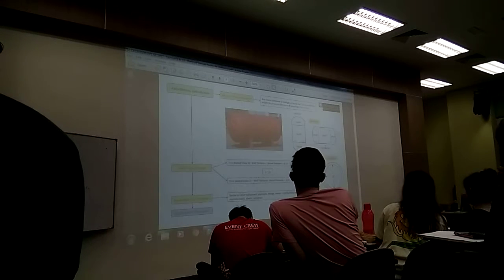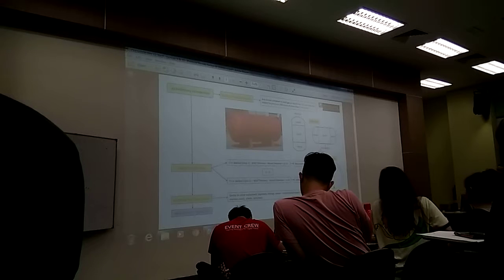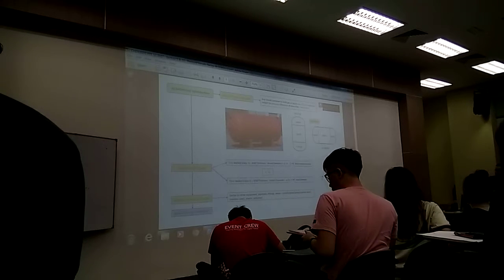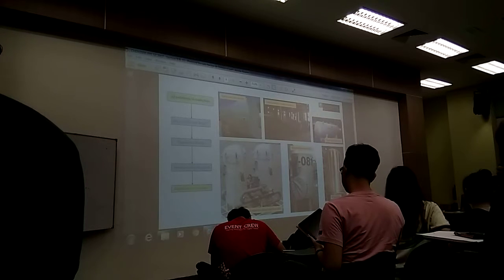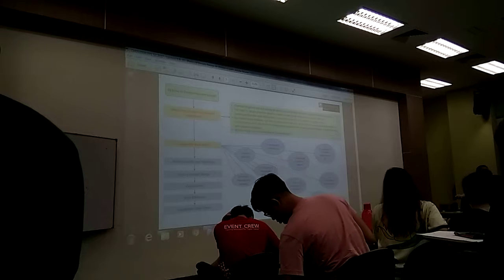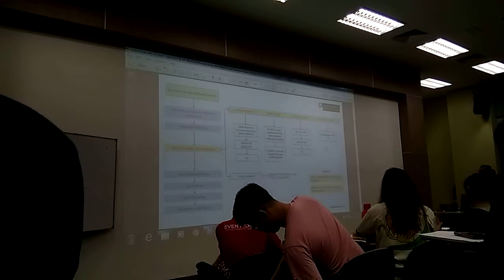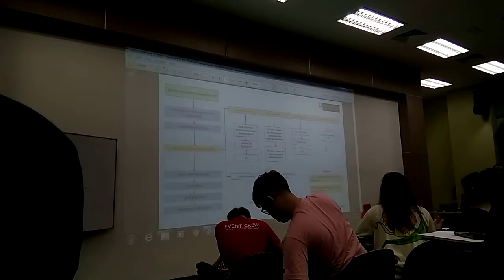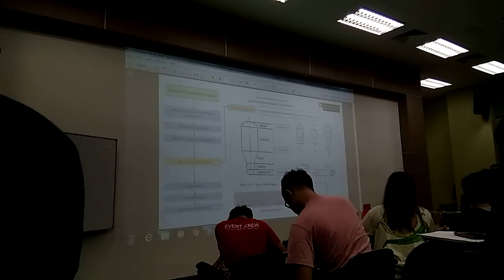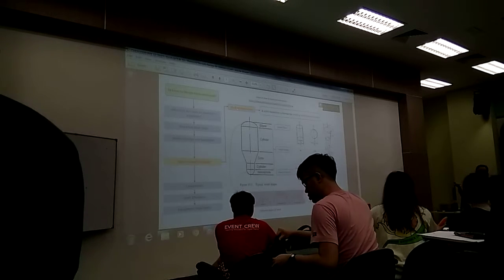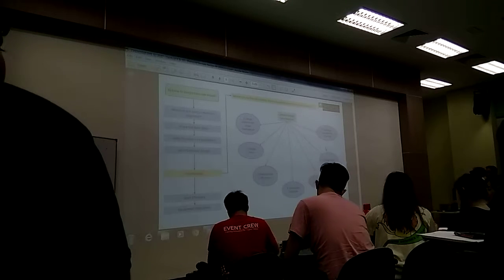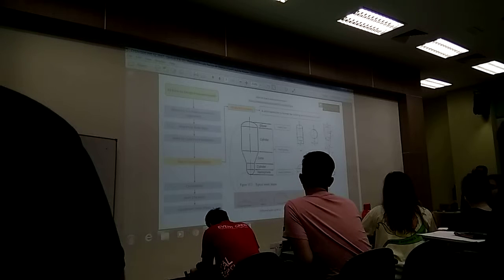And definition of pressure vessels, the type classification, many types of vessels, basic data that you need to supply to the mechanical engineers, different codes and standards, basic concept design, shell of revolution. You need to know the definition of shell of revolution, and then you have different types of head.